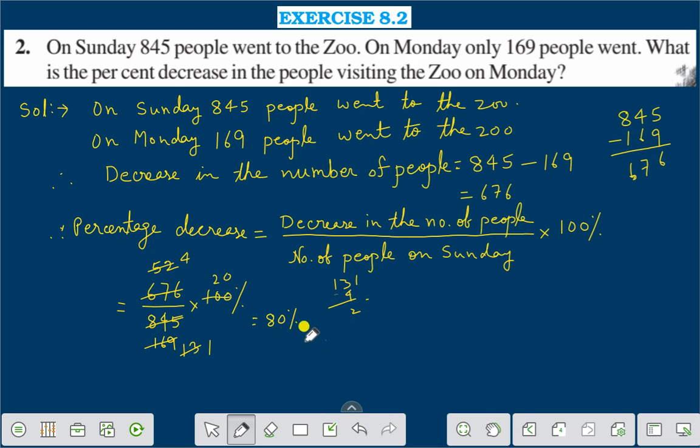Therefore, percentage decrease is 80%. What is the percent decrease? 80% decrease.